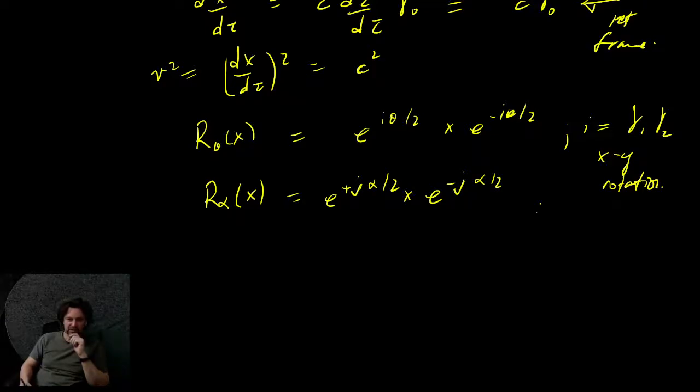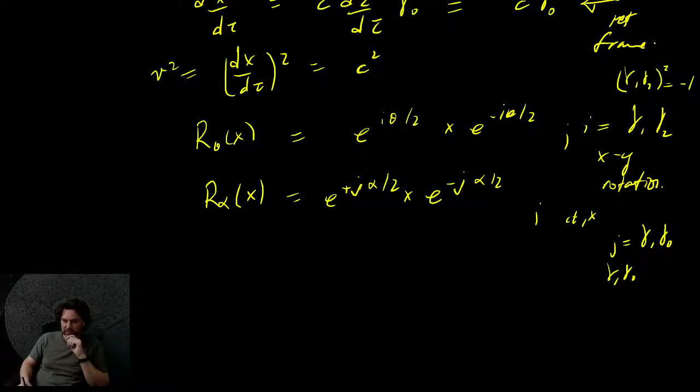Now suppose we're rotating in the ct-x plane, so j is going to be gamma 1, gamma naught. So gamma 1, gamma 2, if we compute its square, we find that is minus 1, whereas gamma 1, gamma naught squared is going to be plus 1.